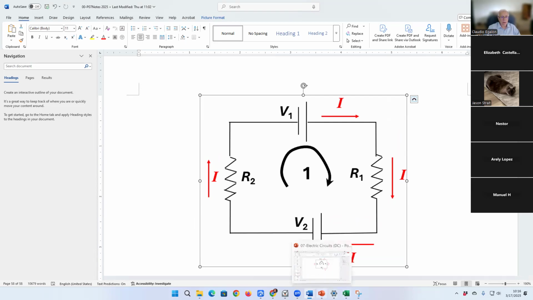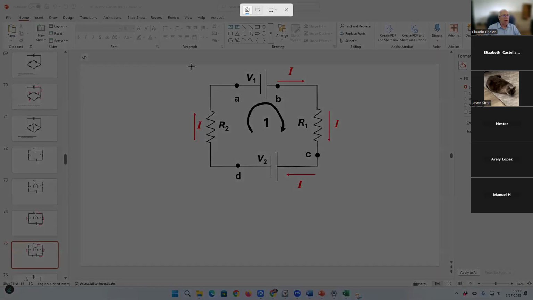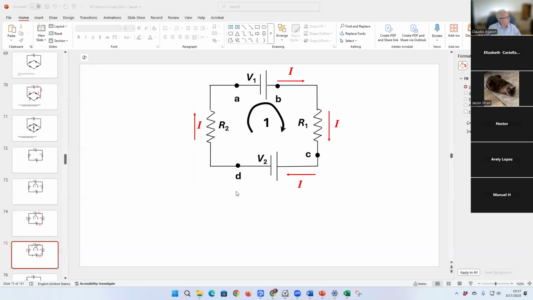You can start anywhere you want, but for the sake of solving this problem, let's start at point A. Here you go. I'm marking points A, B, C, and D. Copy this one as well. That's where the real math of the problem starts.